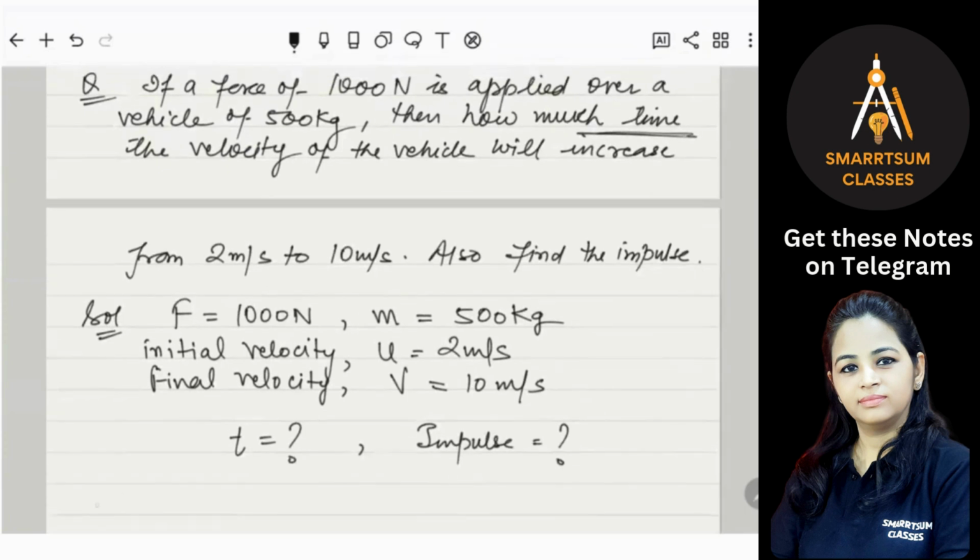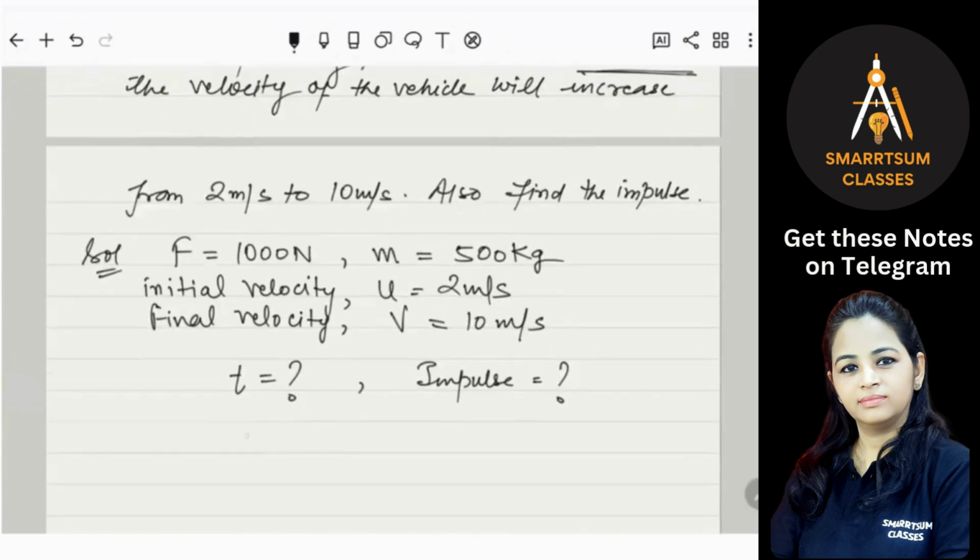And these are the quantities which are now given. To find out t, what we should know? See, v is equal to u plus at, right? First equation of motion. You have studied it in the first chapter.